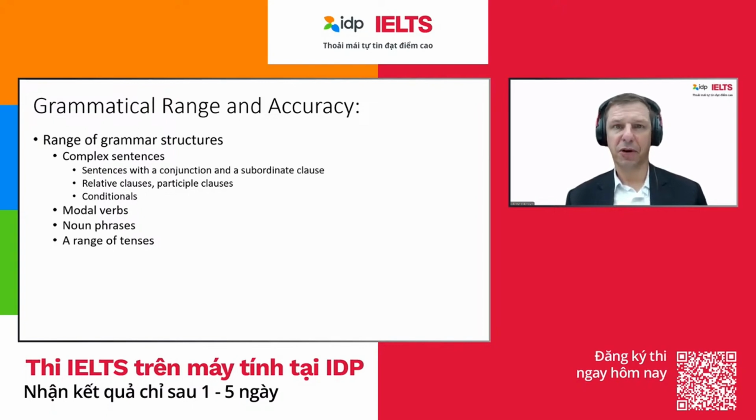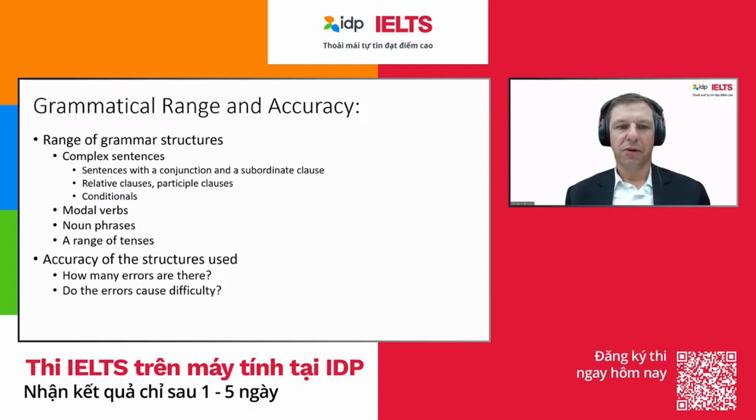So, for example, if you're talking about the past, when you were a child, you could use things like used to and would, and not just the past simple. Or you could use future tenses like will, or maybe even future perfect, will have been. Try to use as many different tenses as you can and try to use them accurately.